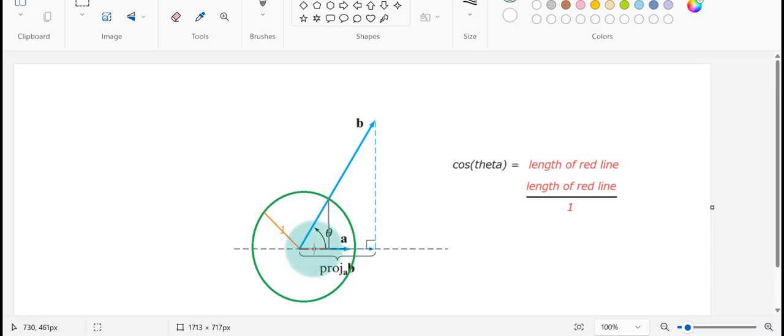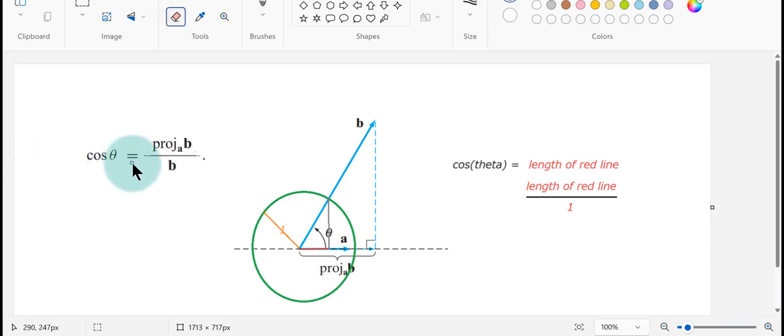So if we want to know the length out to here, what is it going to be? I'm sorry, if we want to know the cosine of theta, instead of using a unit circle, where we have to divide by 1, we can use the full length of b, so we're going to divide by b, and then this length here is going to be the projection of b onto a.